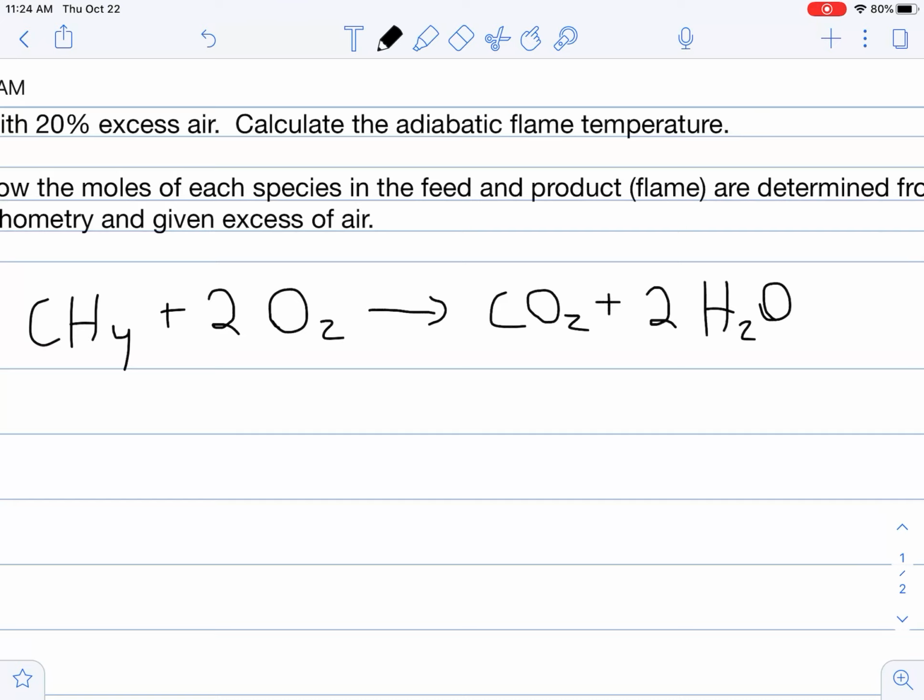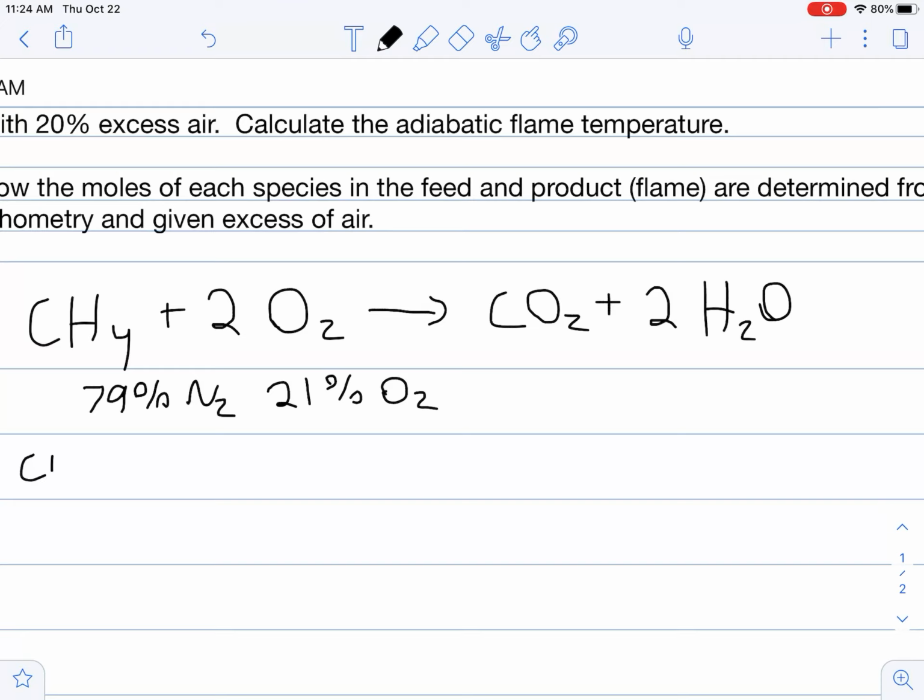And we know that air is 79% nitrogen, N2, and 21% oxygen, O2. And now if we want to rewrite this equation where we don't just have oxygen, we have oxygen and nitrogen, we simply do the following.